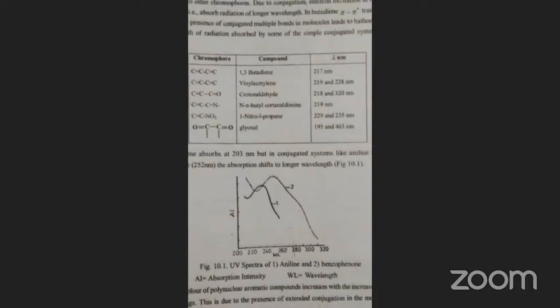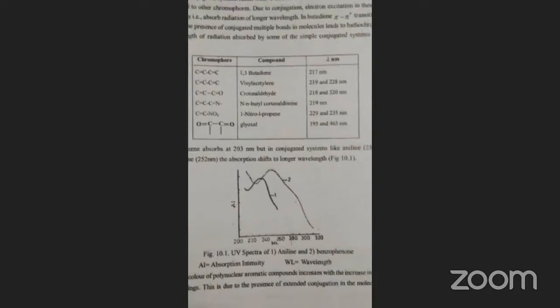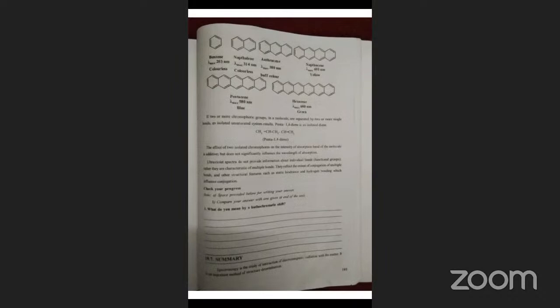Vice versa, different wavelengths are absorbed by different transitions. Let us see about benzene. Benzene absorbs radiation at 203 nanometers, but it is colorless.